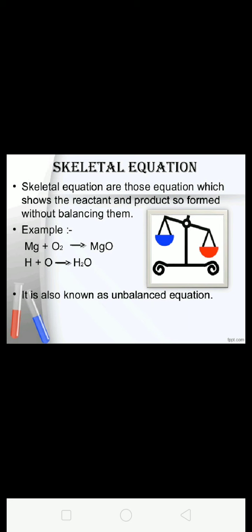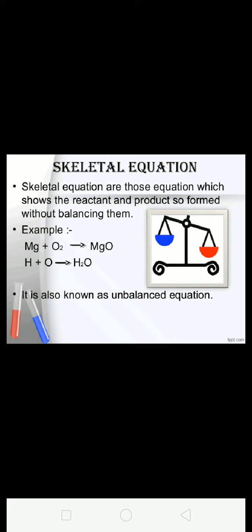So for that reason, you need to balance a reaction. For example, I have shown here a balance. Here the two pans are not balanced. If you want to balance it, you have to make the weight equal on either side. So such an unbalanced reaction is called a skeletal equation.